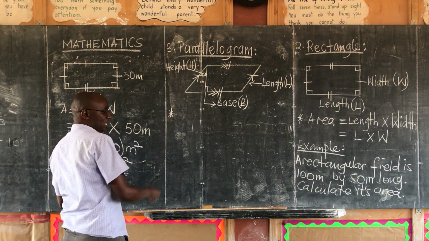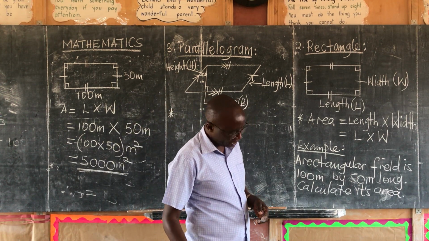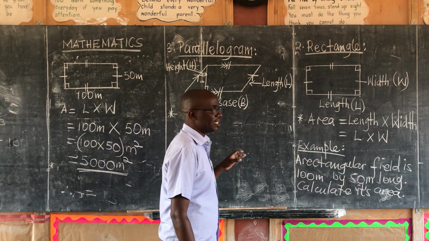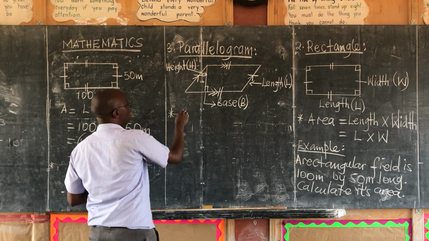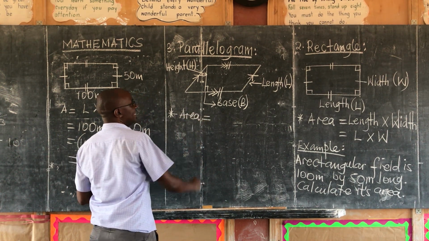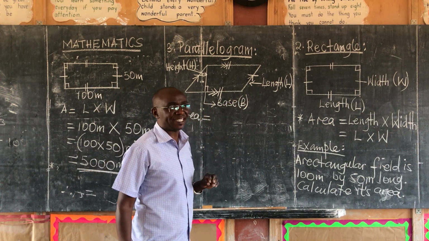Remember we said a parallelogram is a quadrilateral because it has 4 sides. Now area of a parallelogram. Area of a parallelogram is equal to base times height, not base times length as in a rectangle.